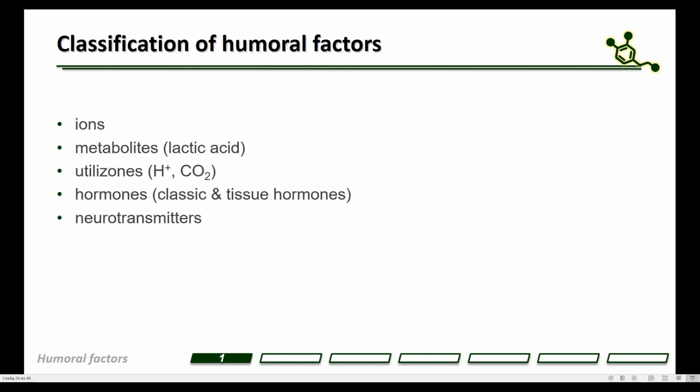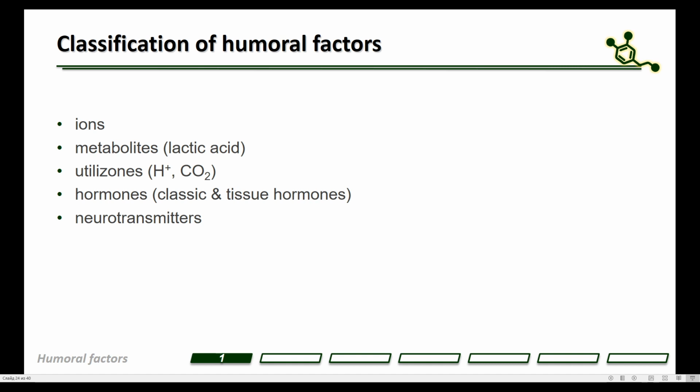Now, why is the regulation called humoral? Because humor means liquid. So various factors which you have in bodily fluids are responsible for the regulation. Examples include ions. Remember, in excitable tissues you used to have calcium ions, which helped in synaptic transmission, for example.